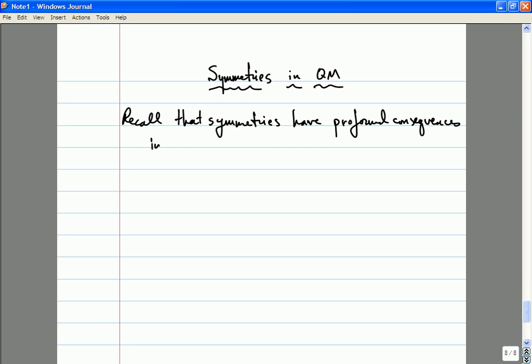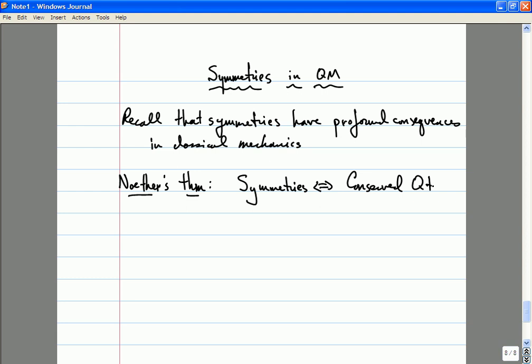In particular, perhaps the deepest and most important results in classical mechanics is Noether's theorem, important enough that my daughter is named after Noether, but don't tell my wife that, which is that symmetries are in one-to-one correspondence with conserved quantities.